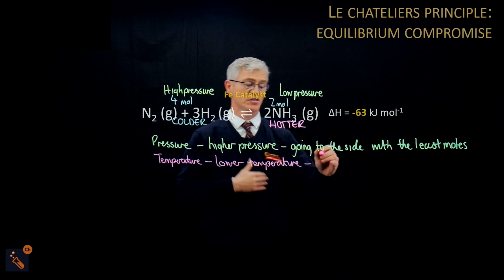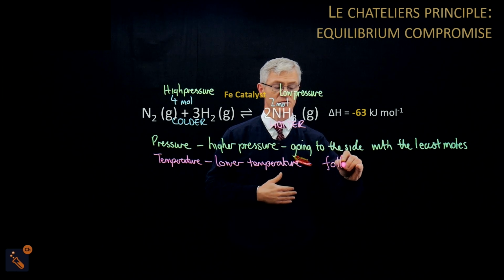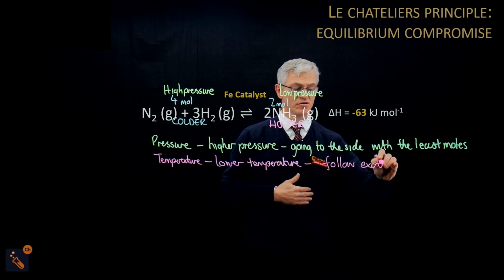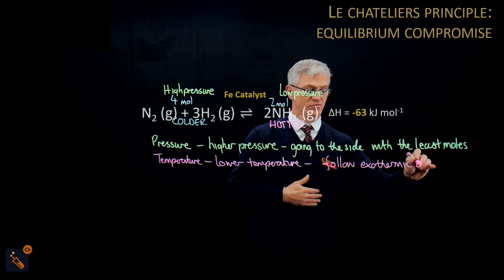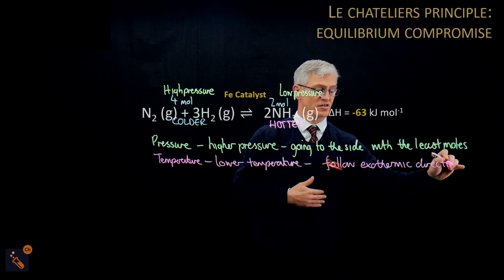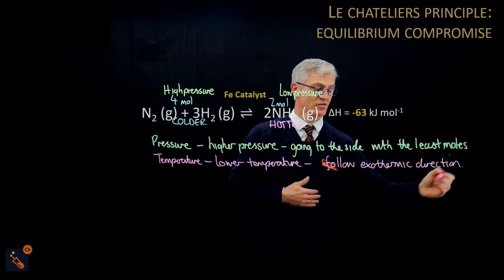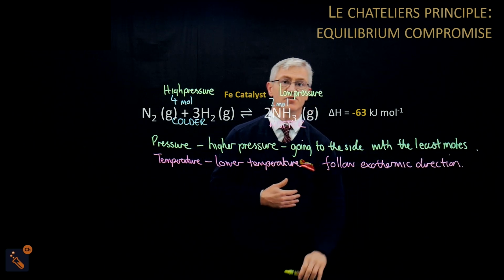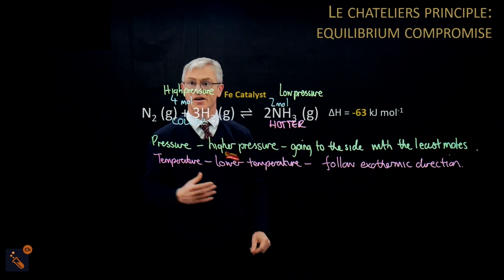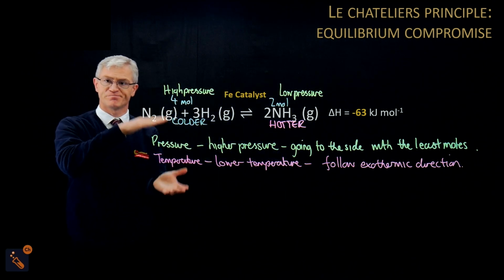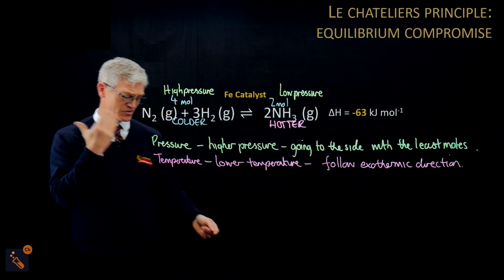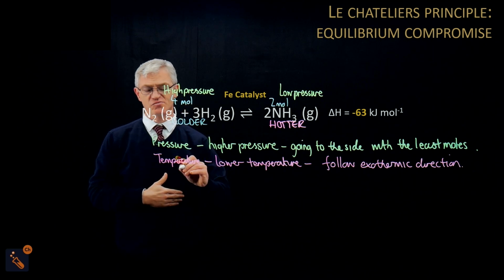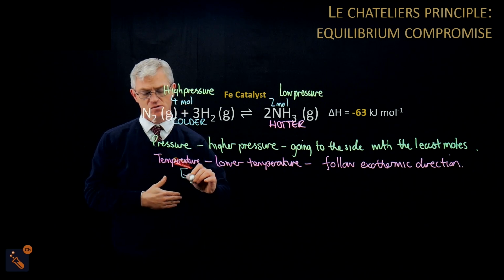Right, if we have a low temperature, it's going to follow the exothermic direction. Again, this gets our full marks in our exams. Right, so we've got that. So we've got two conditions. All right, now what this will do, which means the equilibrium.